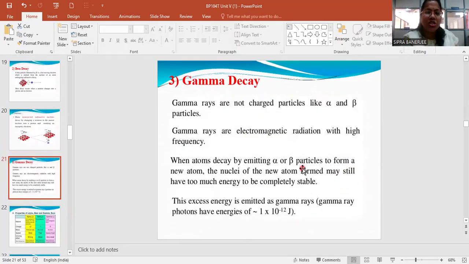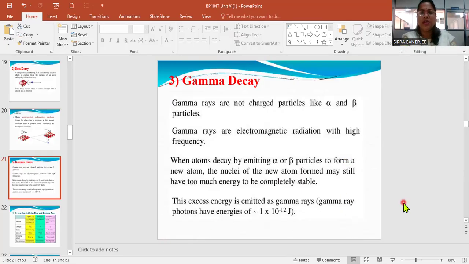Now, gamma rays are not charged particles like alpha and beta. Gamma rays are electromagnetic radiation with high frequency. They do not have any atomic number or mass number. When atoms decay by emitting alpha or beta particles to form a new atom, the nucleus of the new atom formed may still have excess energy to release.